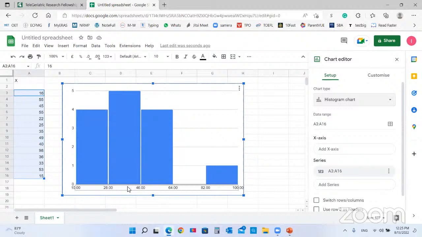The height of the column represents the number or frequency of data falling into this range. Like you see, we have 1, 2, 3, 4 classes, and we said before that we could end up with 4 classes, right? So this is what a histogram does.